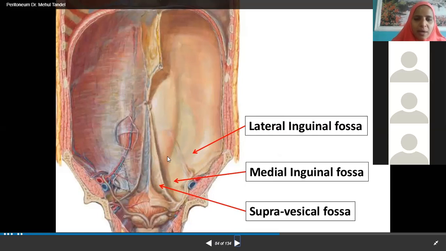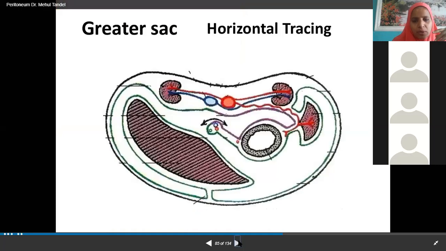Lateral to the lateral umbilical ligament, we use the word lateral inguinal fossa. Supravesical fossa, medial inguinal fossa, lateral inguinal fossa. Simple. So this is of course the horizontal tracing.